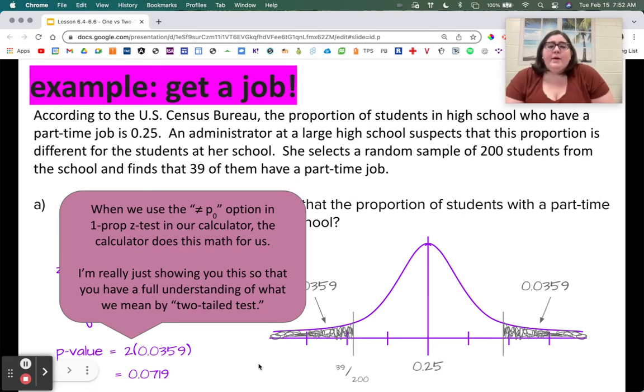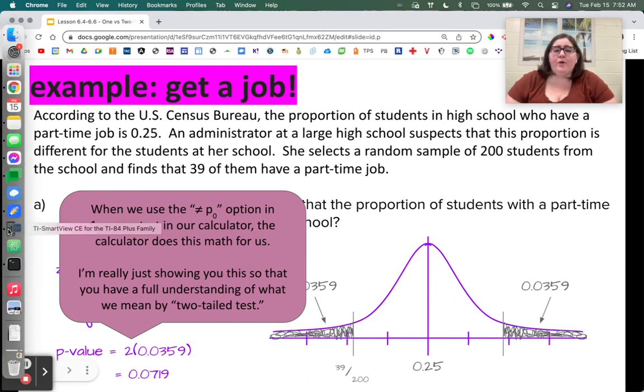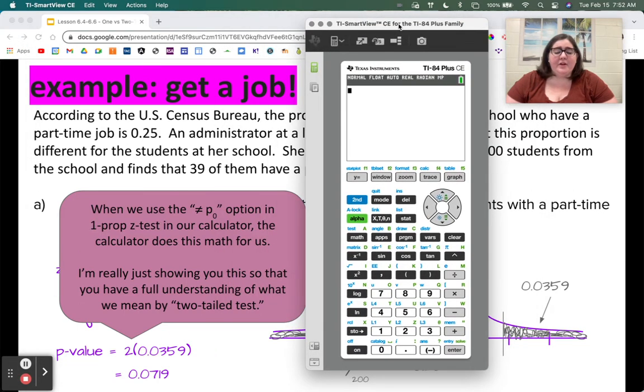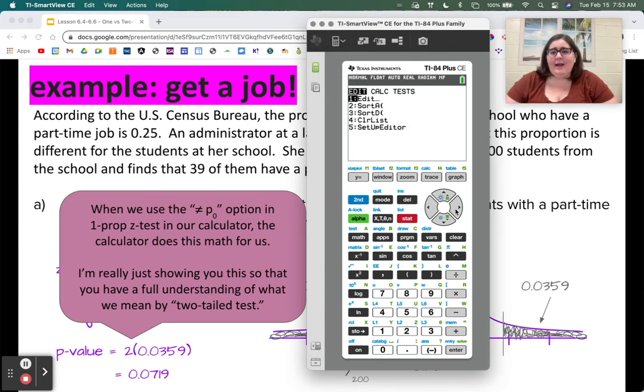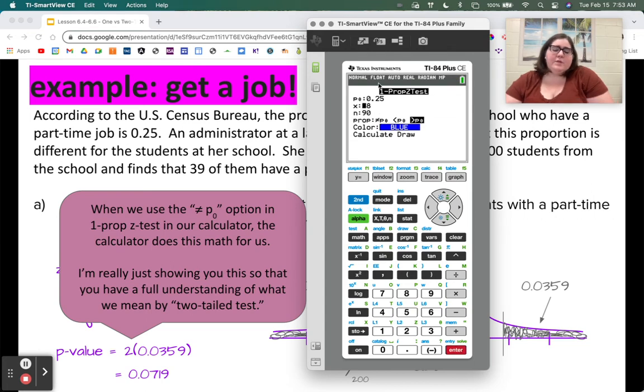One quick side note: our calculator actually does that math for us. So there will never be a time if you're using your calculator, going to Stat, Test, 1-PropZTest, which is number 5, that you're not choosing your hypothesis right here. So I'll go ahead and fill this in. P naught was 0.25, meaning that was our claimed value.